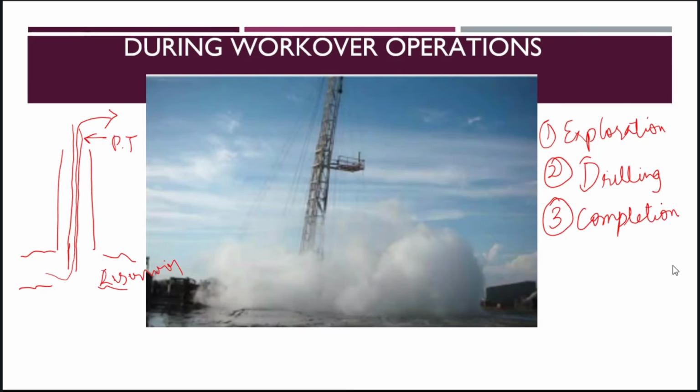Once the well is in completion, then it goes into production. You put the tubing inside, you are in the completion phase, then production takes place and oil is coming. But obviously during production you can also face several problems.